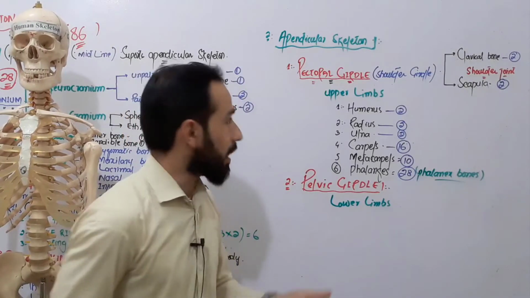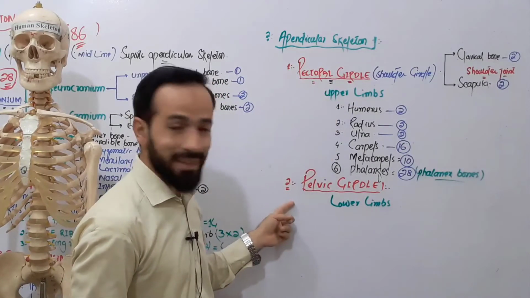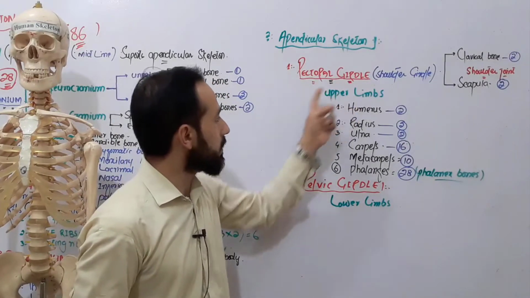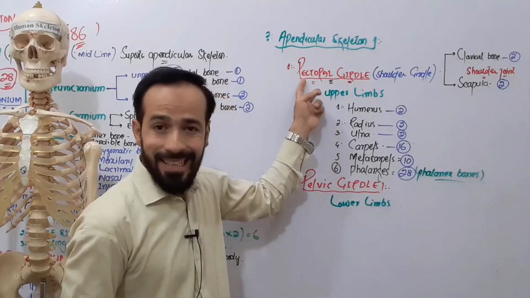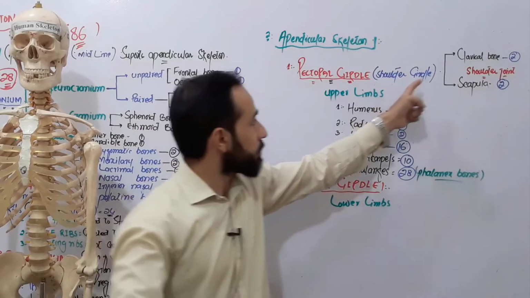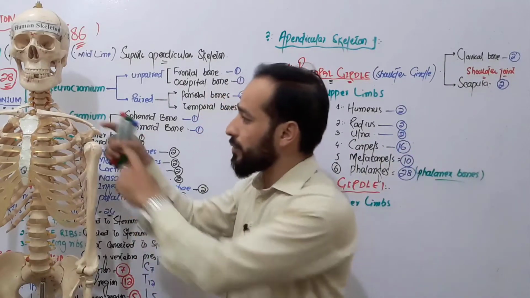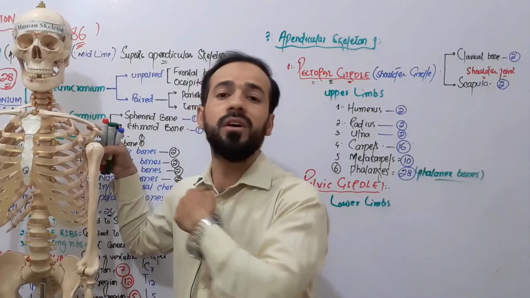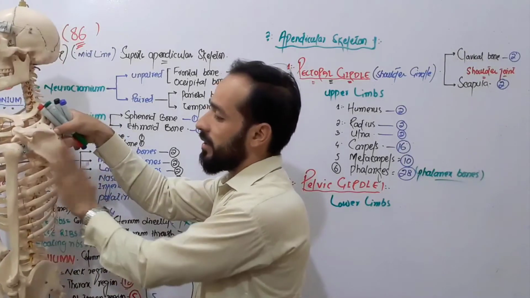Now let's recap it. Your appendicular skeleton is divided into 2 big regions, the pectoral girdle and the pelvic girdle. Your pectoral girdle is also known as the shoulder girdle, and this girdle is formed by the clavicle and your scapula, which I have shown here. This is the clavicle bone, which is known as the beauty bone or collar bone, and this is your scapula.